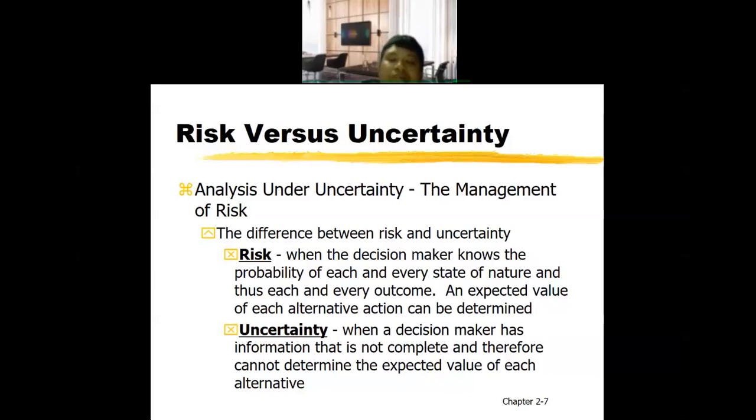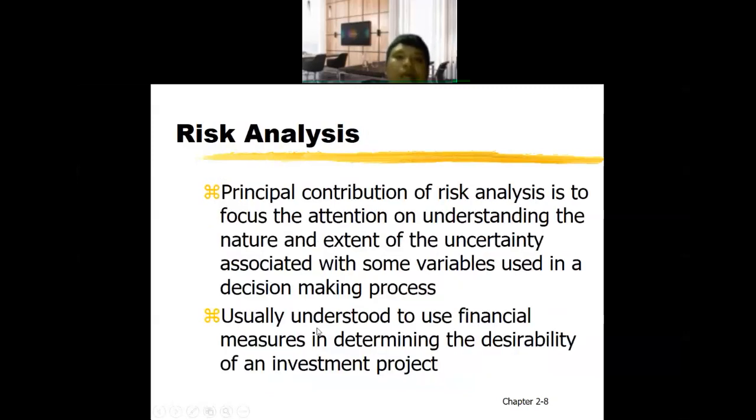The project is a gray project, meaning you don't know the expected result. Your hypothesis is unclear. That is the uncertainty. Risk analysis: the principal contribution of risk analysis is to focus attention on understanding the nature and extent of the uncertainty associated with some variable used in the decision making process.